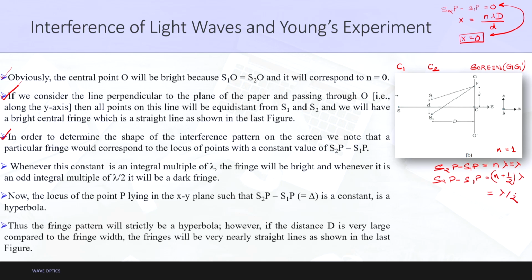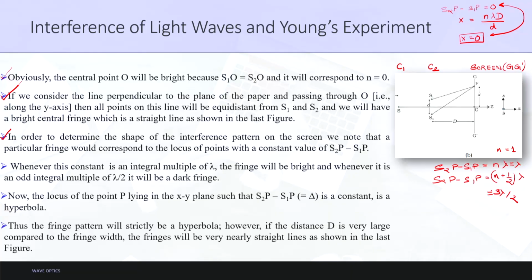So for the locus of points at which the difference between the two sources, S2P minus S1P, is always a multiple of lambda, or always lambda by 2, or 3 lambda by 2 if n is 1, only those points will have the same fringe.